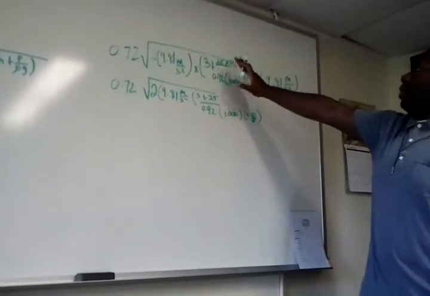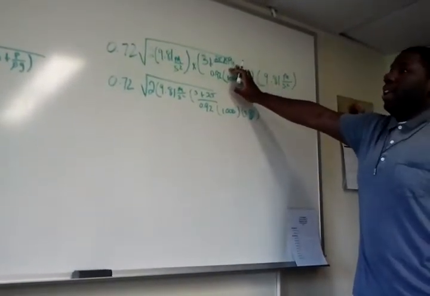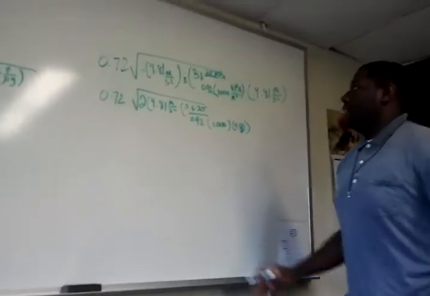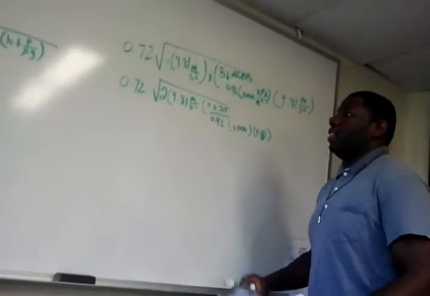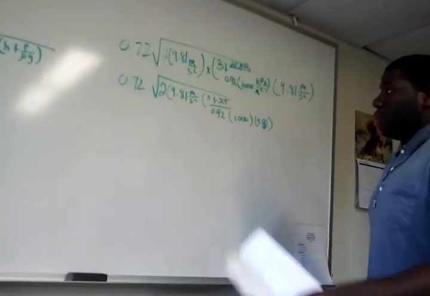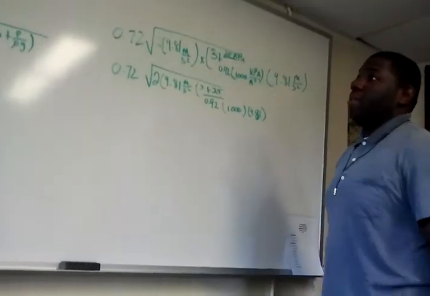Now we have no units in the math, and we can just work our way down to the next step. Once all our units are gone, it's a plug and chug method.